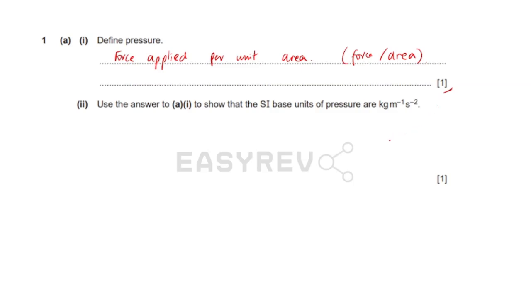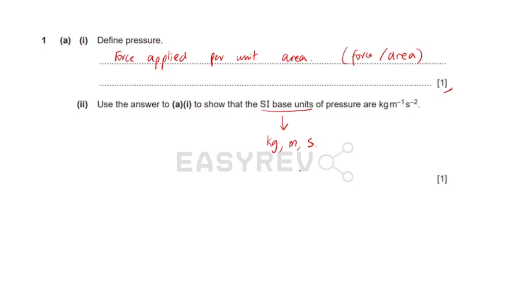Now comes the second part. Use the answer to (a)(i) to show that the SI base units of pressure are kg per meter per second squared. Here we have to remind ourselves that when we're talking about SI base units, it's basically us breaking down a derived quantity's formula or SI unit and writing it in terms of the base units of kg for mass, meters for length, or seconds for time.